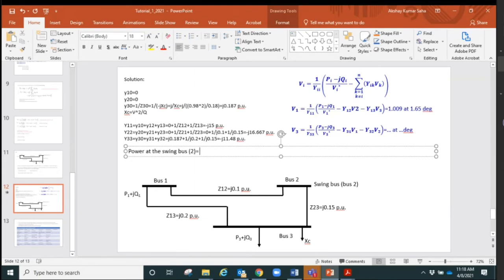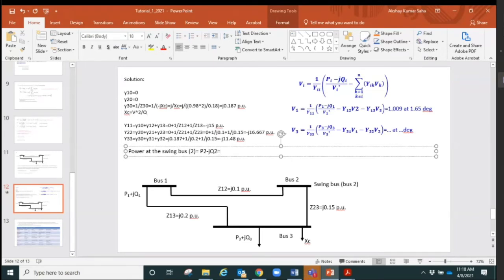We know power is P plus jQ, but since you are using V conjugate, it will be P minus jQ. So P2 minus jQ2, how do we calculate it?